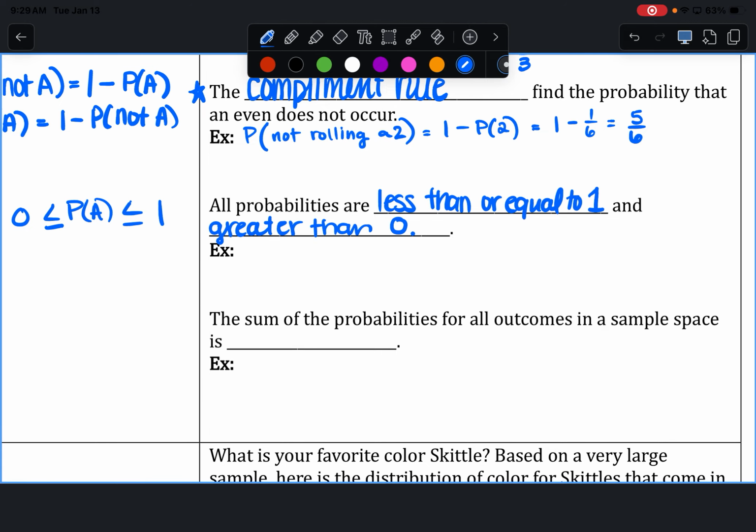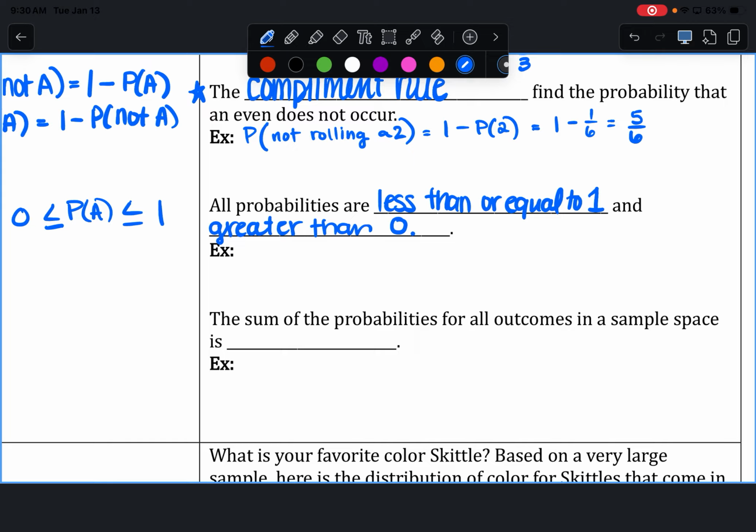Because can I roll a 7 on this dice? No. So what's the probability of rolling a 7? 0. Okay, we can have a probability of 0. What if I said, what's the probability of me rolling a number 1 through 6 on this dice? 6 out of 6, which is 1. So I can have a probability of 0 and I can have a probability of 1.